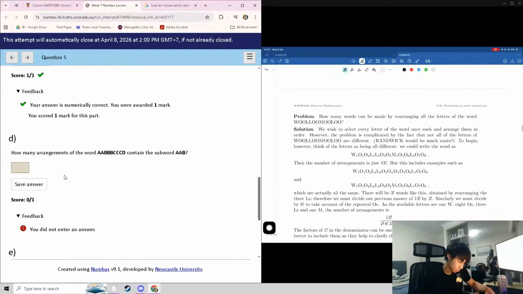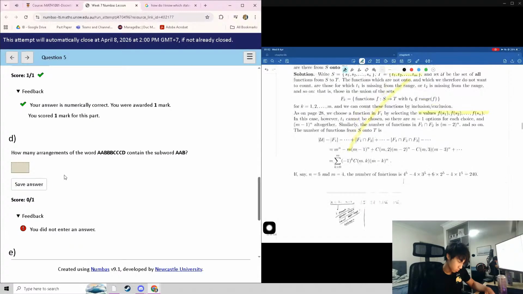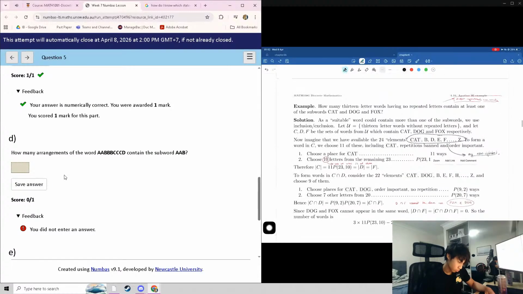Subwords. How many arrangements of the word AAB contain these subwords?